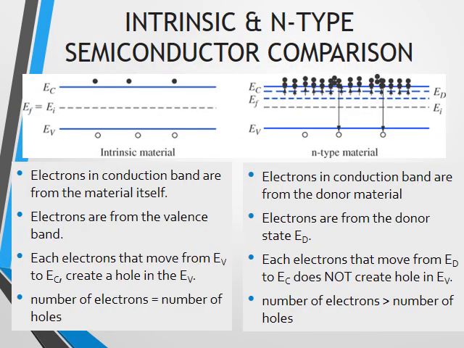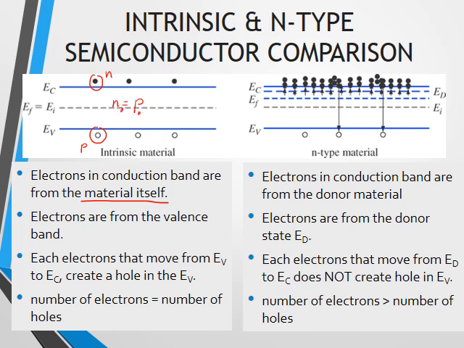This is the comparison between the intrinsic semiconductor and the N-type semiconductor. In the intrinsic semiconductor, electrons that go into the conduction band are from the material itself. Thus, an electron that jumps from EV to EC will create a hole in EV. Thus, the number of electrons, n naught, is equal to the number of holes, p naught.